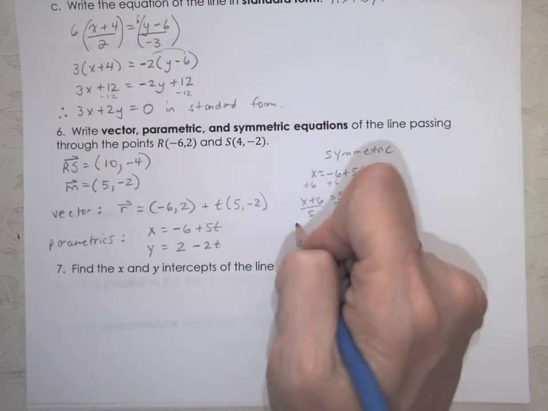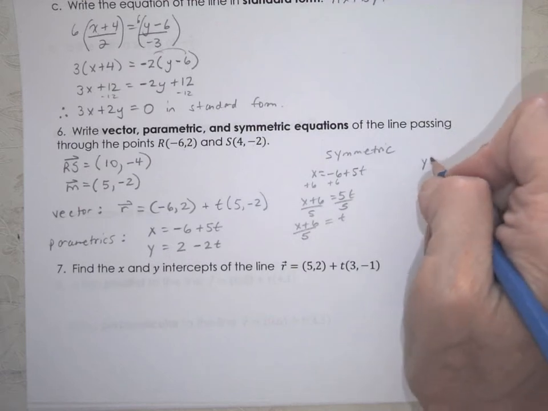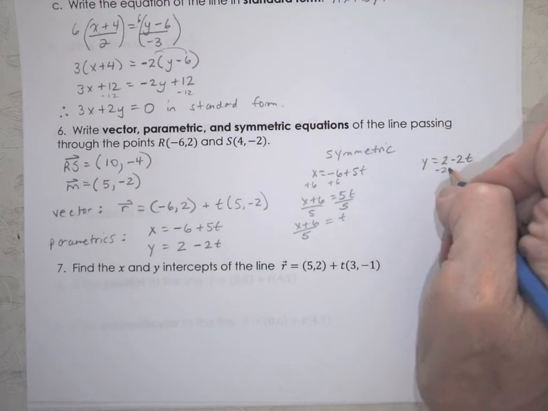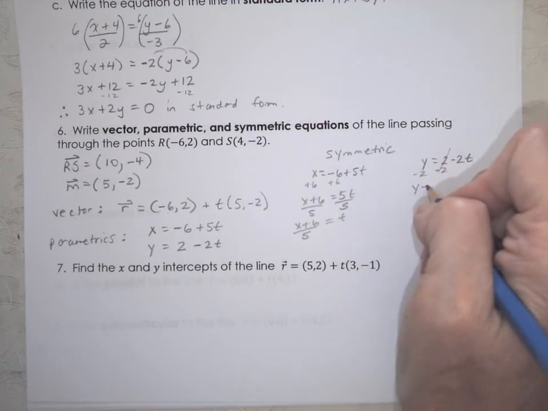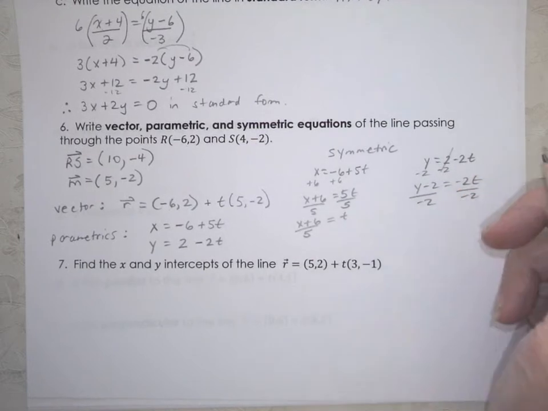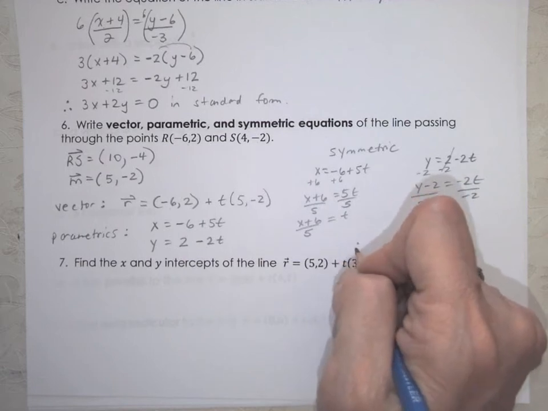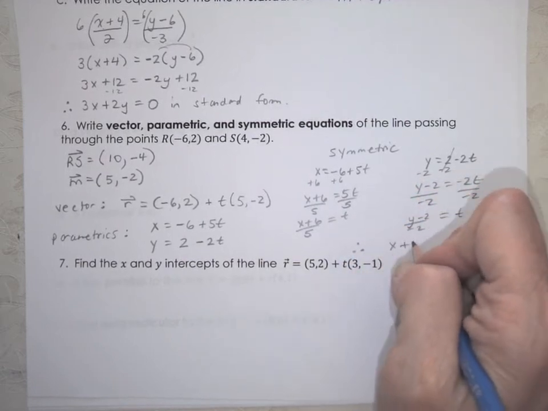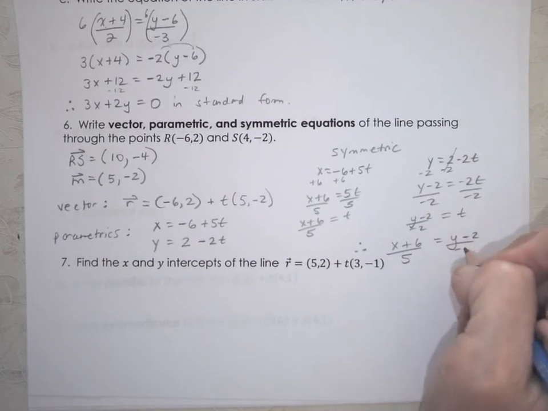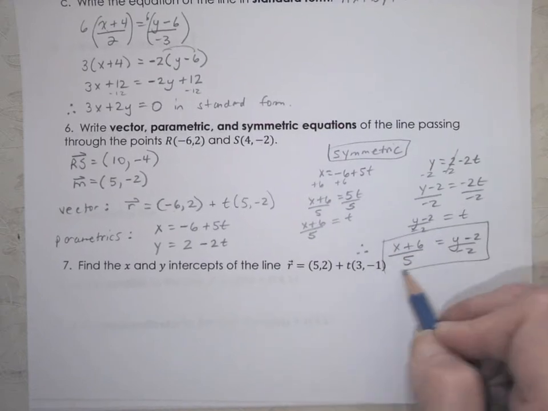So I've got t equals (x plus 6) over 5. Then I do the same thing with the y parametric: subtract 2 on both sides and divide both sides by -2. So therefore it would be (x plus 6) over 5 equals (y minus 2) over -2. That's our symmetric equation right there.